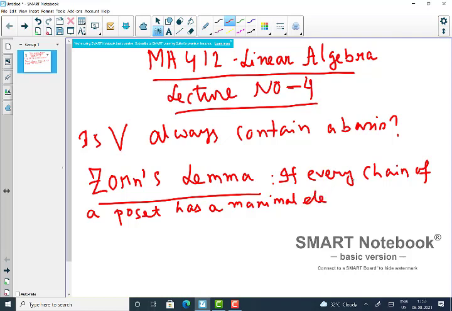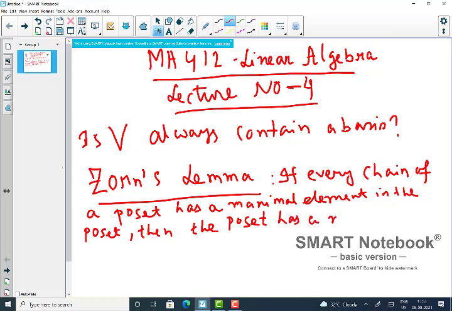not inside the chain, but an element in the poset, then the poset has a maximal element. Now I will discuss the meaning of poset and the other terms.